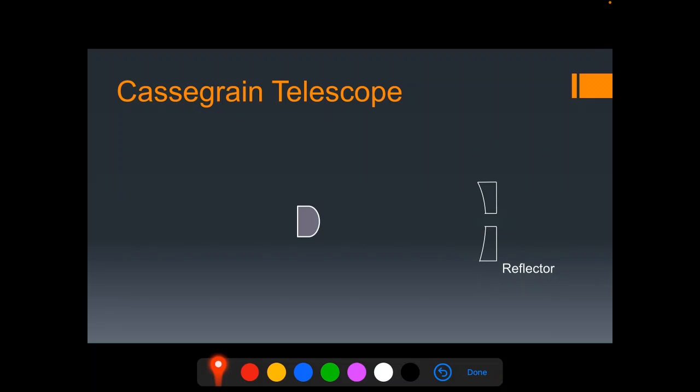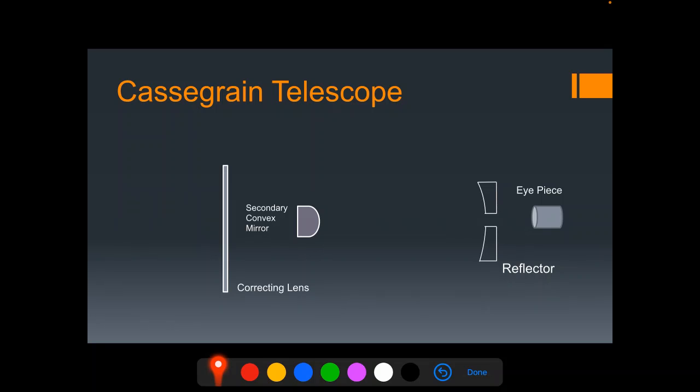The second thing that is used is a secondary convex mirror, which is placed on the principal axis of the reflector objective. There are also correcting lenses, and the eyepiece is on the back side of the objective.